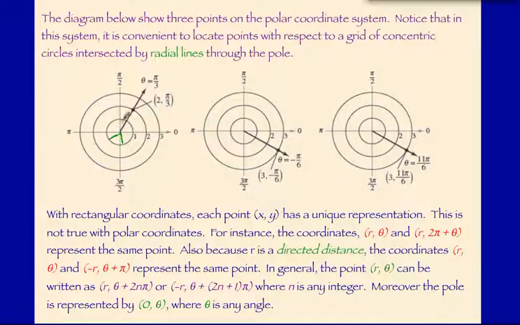The r would be 1 there. Similarly, it makes sense to use a circle of radius 2 to represent the distance of 2 from the origin. The radial lines, of course, are the lines that you draw from the origin to any point in the plane.